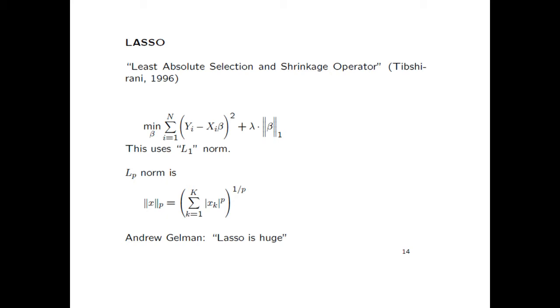It's also often not clear whether sparsity is important. If you do purely a prediction exercise, it may not be important whether a particular coefficient is equal to 0 or equal to 0.001.